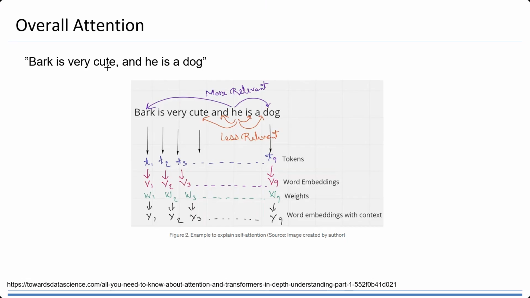So, for example, the attention can be more than one. The attention that we looked at yesterday was only one, which is the word kind. But there might be a lot of attention in your sentence. For example, this one: Park is very cute and he is a dog.